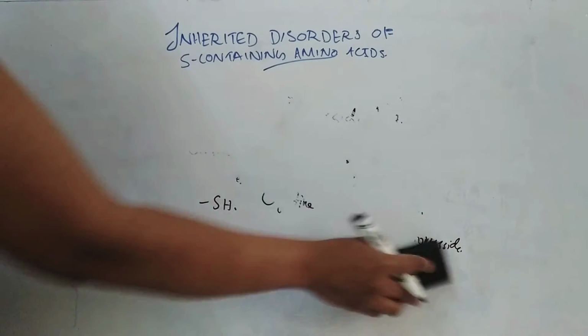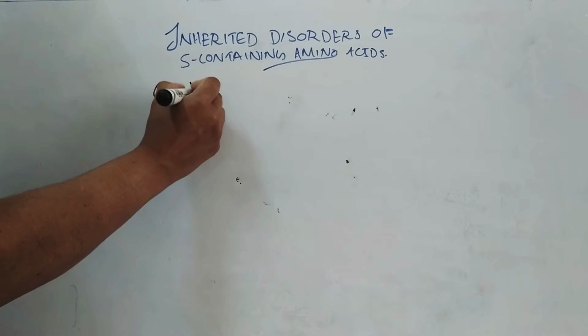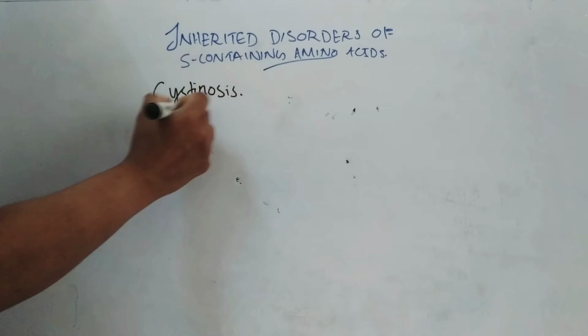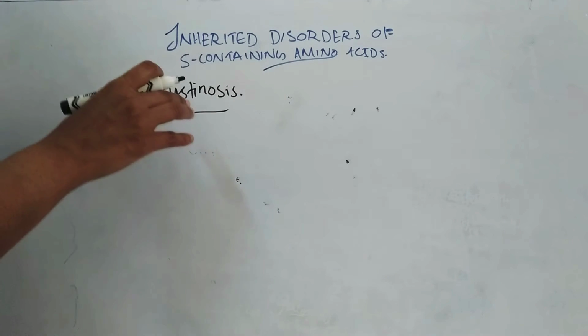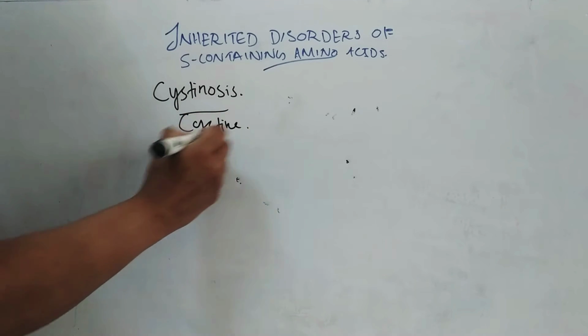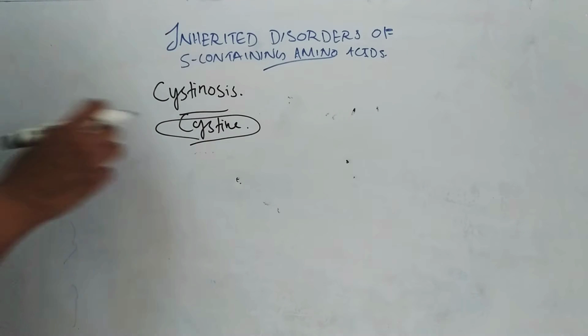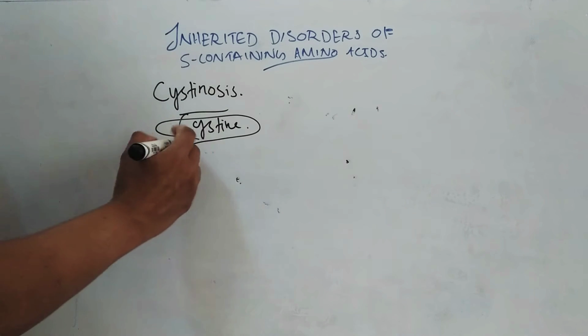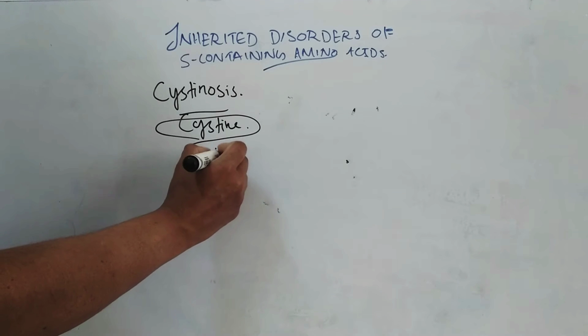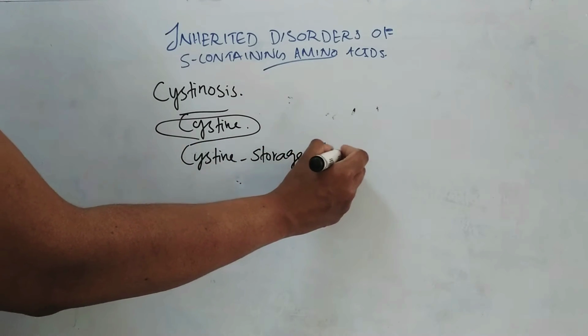Second inherited disorder is cystinosis. This is also a hereditary abnormality of cystine metabolism. It is also known as cystine storage disease.